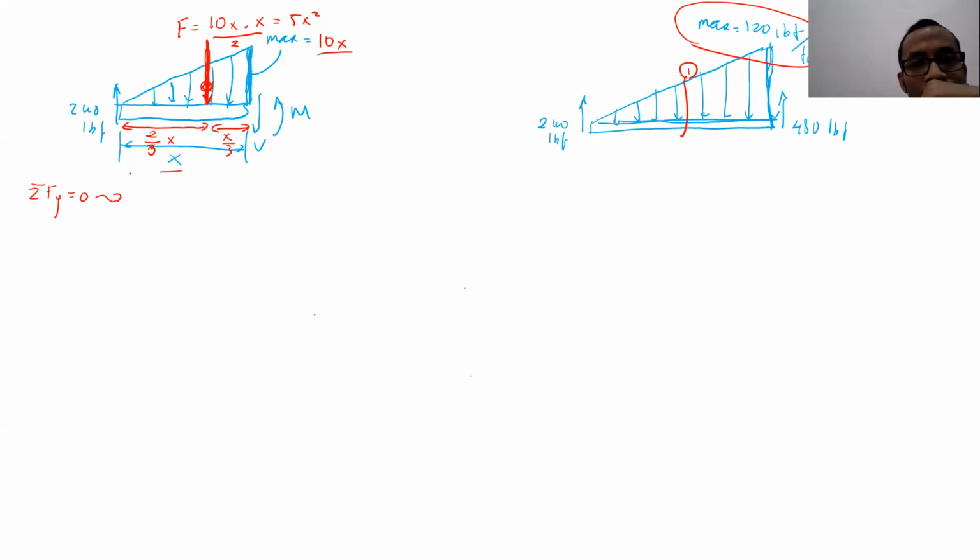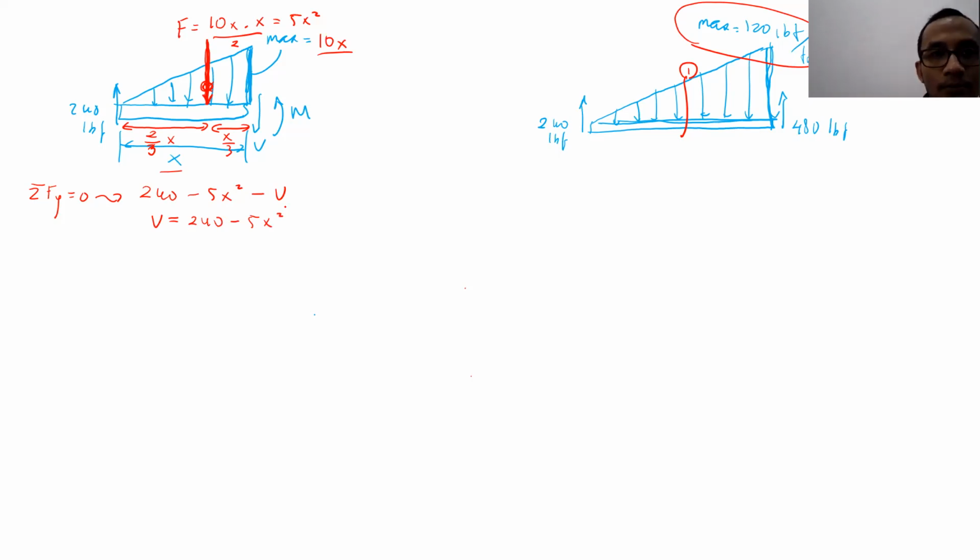So 240-pound force minus 5x squared minus V. 240-pound force minus 5x squared minus V. So our V is supposed to be 240 minus 5x squared. So this is our V distribution.